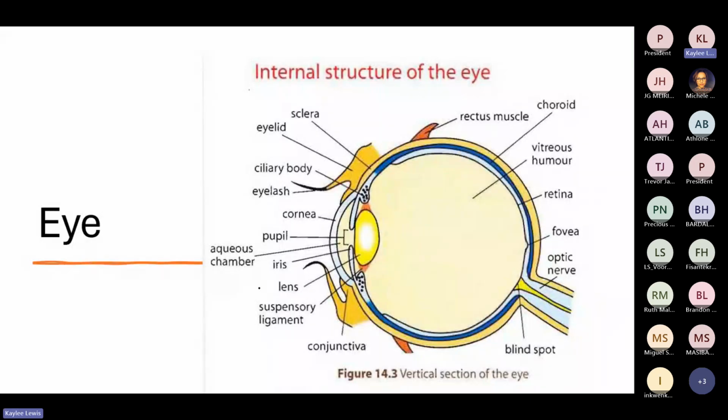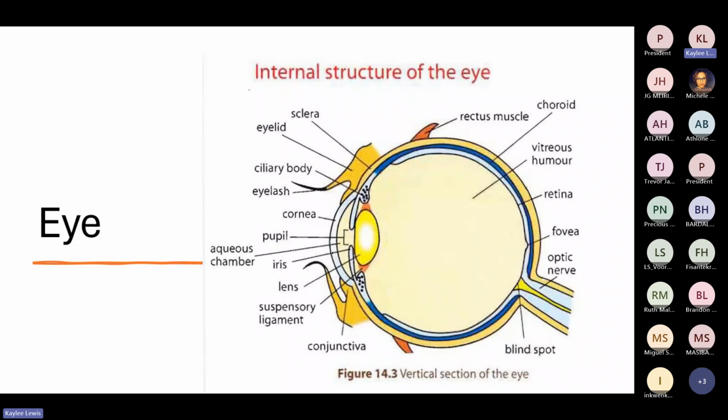All right, so if we look at the structure of the eye, I'm going to start off with the cornea. The cornea is this front section of your eye, and you can see it's convex. And convex means it bulges outwards. Why that is important is because it will refract light rays. And refract means it bends light rays.